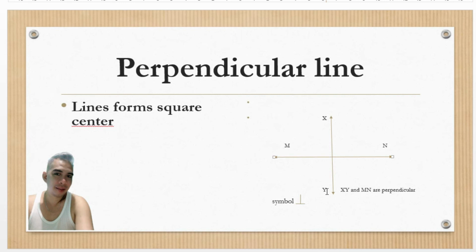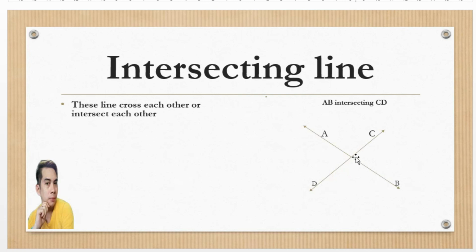So, for example, XY perpendicular to MN. So, this is the symbol, yung parang letter T na pinabaliktad. So, this is the symbol of the perpendicular. So, mapapansin po natin dito yung intersecting line. Balikan po natin intersecting line. So, bakit nag-cross din po sila? Pero dito po, hindi tayo maka-form ng square. Okay, so yun po yung kaibahan nila.